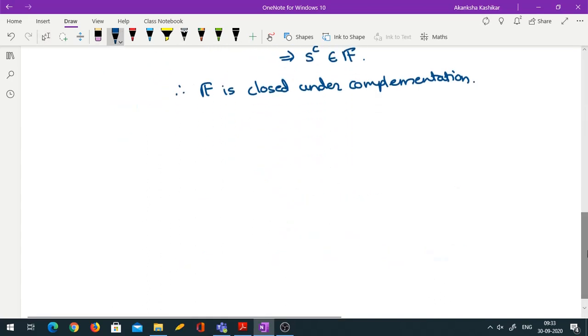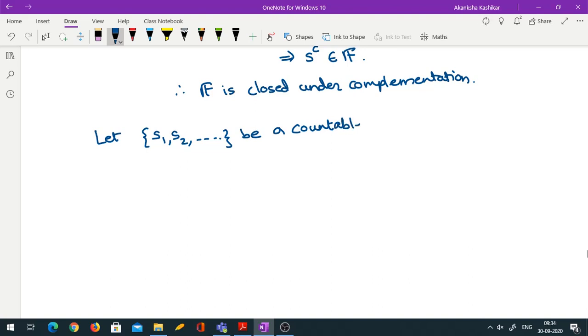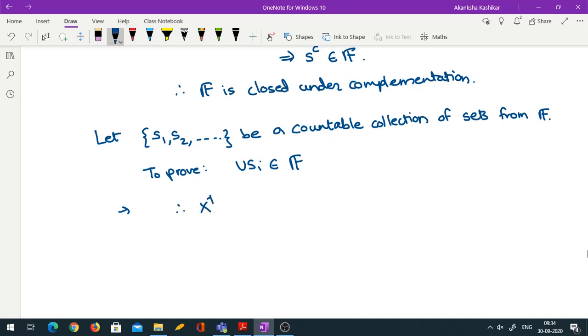So for that we need a collection of sets from F. So let S1, S2, and so on be a countable collection of sets from F. What we need to prove is that the union of Si is in F. What we know is each Si is in F. So therefore by definition X inverse of Si is in script A for every i.